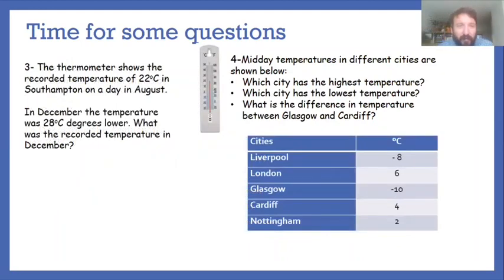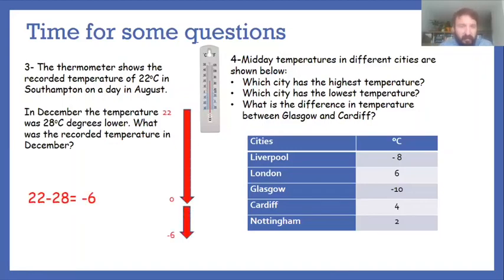Okay, so question 3. The thermometer shows the recorded temperature of 22 degrees in Southampton on a day in August. Lovely. In December, the temperature was 28 degrees lower. What was the recorded temperature in December? Now, what I'm going to do here is I'm going to look to have 22 take away 28.